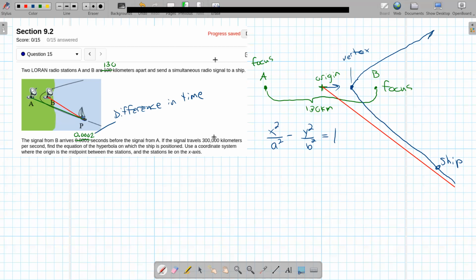So I have this rate, kilometers per second, and I have this time, and I know distance equals rate times time. That's going to come in because ultimately I need distances here. And that time, again, it's the difference. And so that would be time A minus time B.